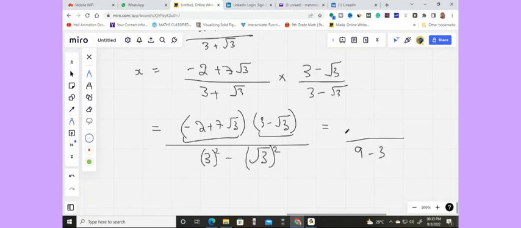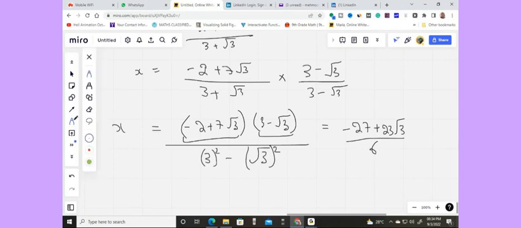They give minus 27 plus 23 root 3 upon 6. You see, 9 minus 3 is 6, right? So this is your x. x was p plus q root 3 by 6.